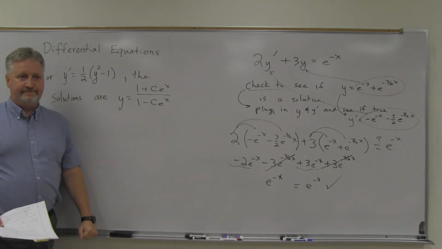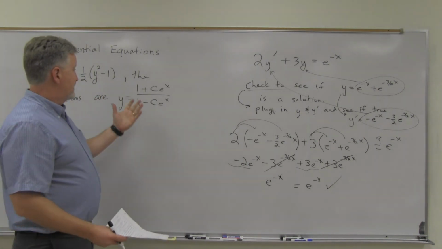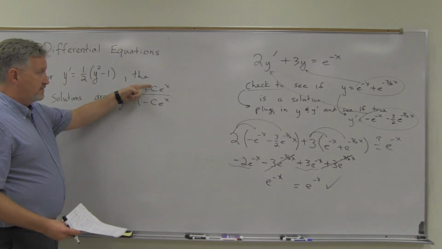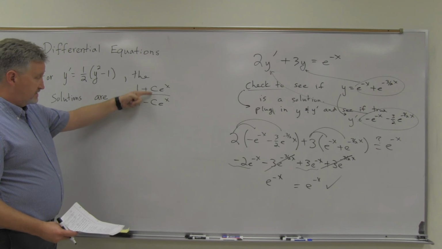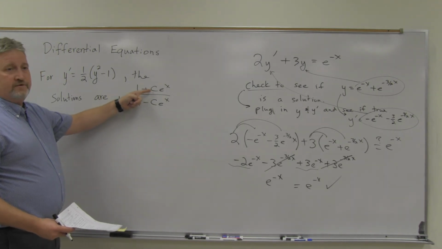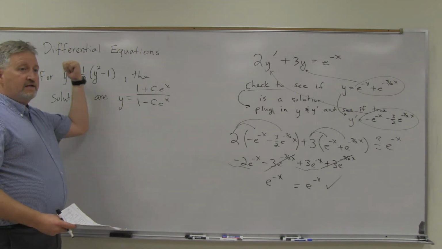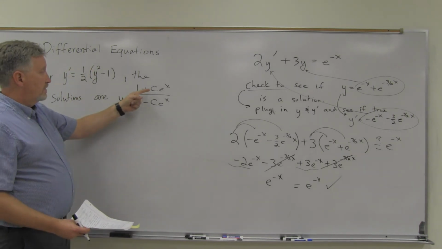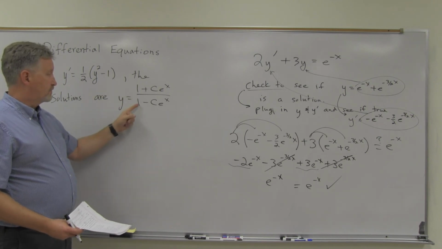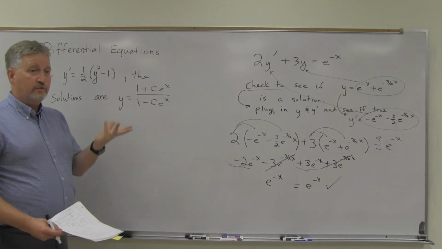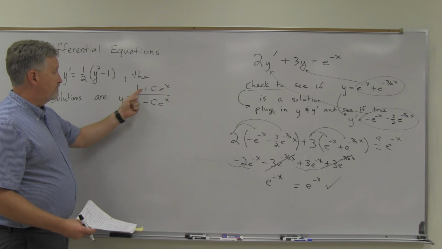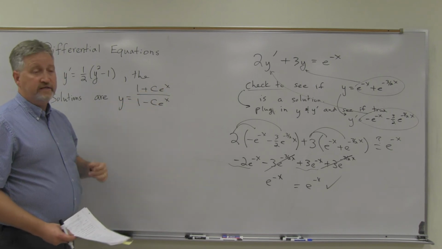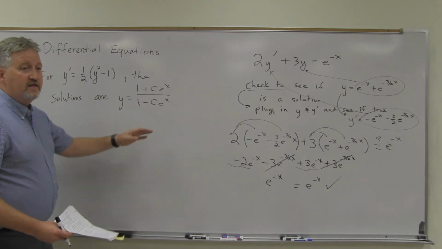That's a constant, yeah. What this means is the solutions could be anything with that same c there. Any number c you replace that with is going to be a solution to the differential equation. In other words, 1 plus 5 e to the x over 1 minus 5 e to the x, that's one of the solutions. 1 plus 2 e to the x over 1 minus 2 e to the x, as long as those two numbers are the same, that's going to be a solution.